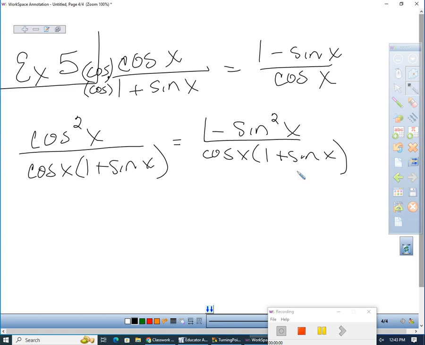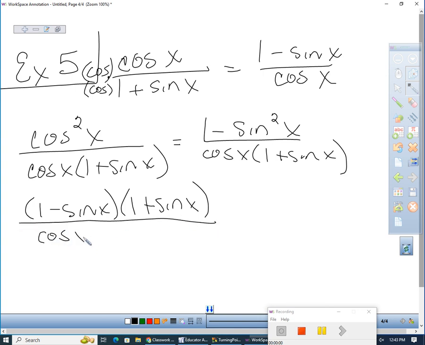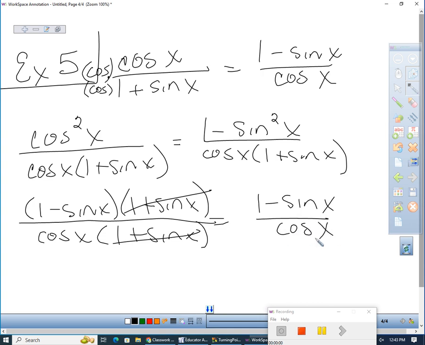So we can factor the top to 1 minus sine x times 1 plus sine x, over cosine x times 1 plus sine x. So now what do you see cancels? The 1 plus sine x cancels. Now I'm left with 1 minus sine x over cosine x. Does that match that one? And we're done.